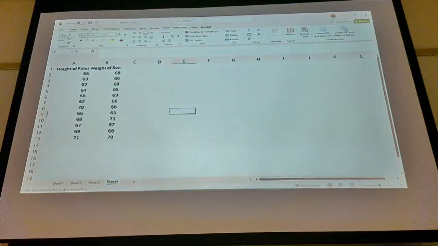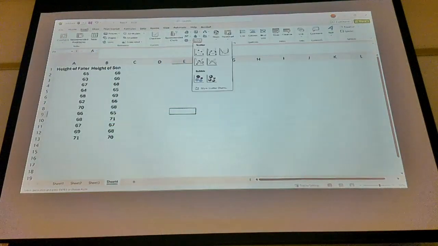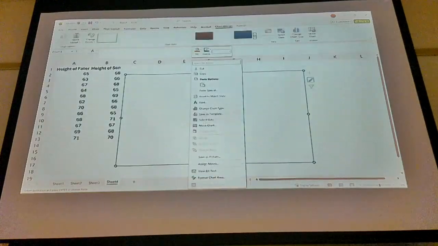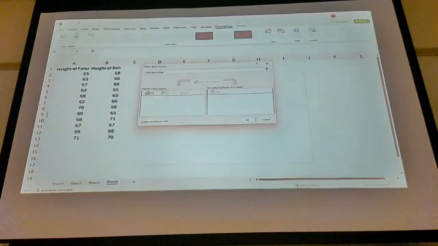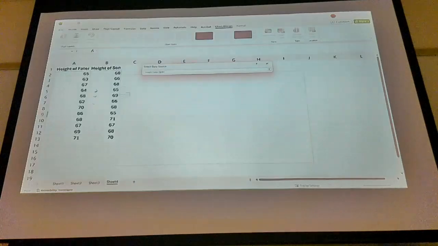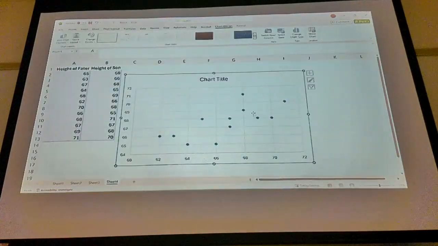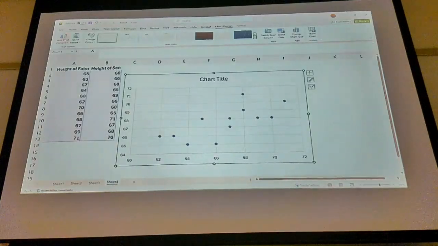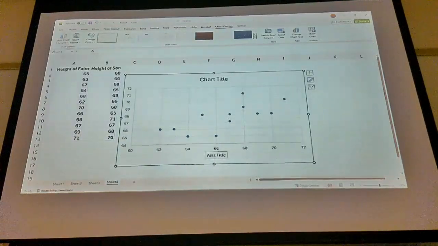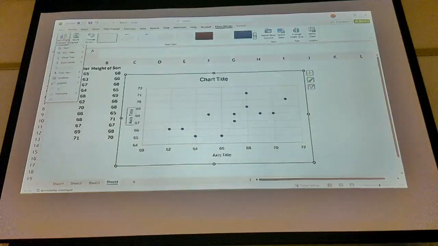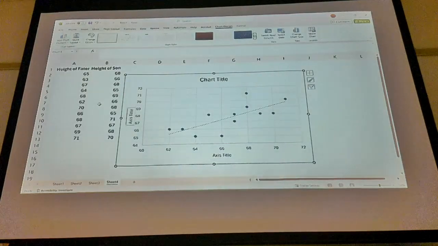Insert, scatter, select data. Okay. So let's add the axis titles and the trend line. Let's get the equation.